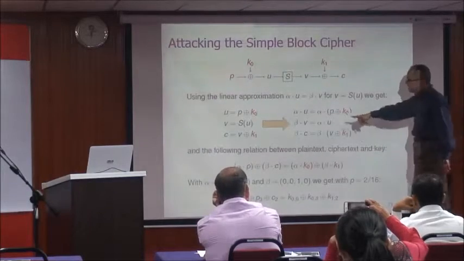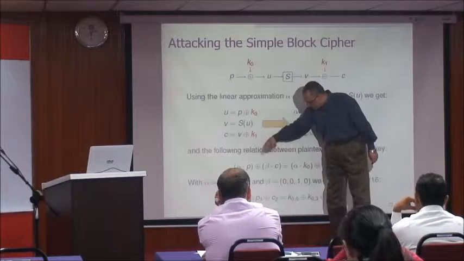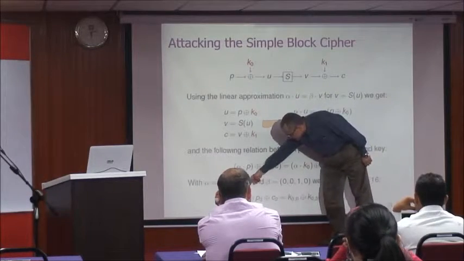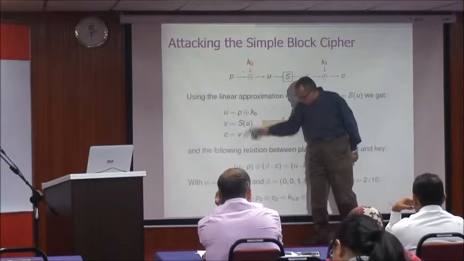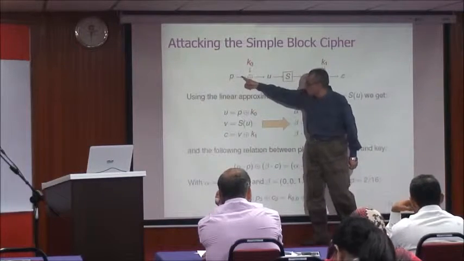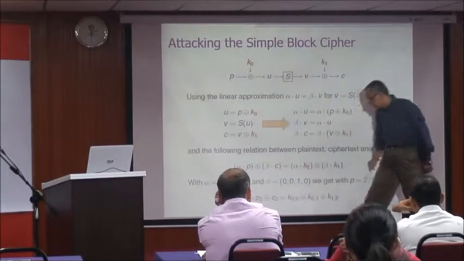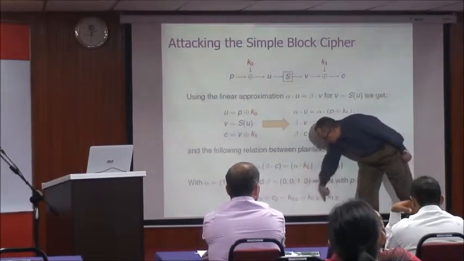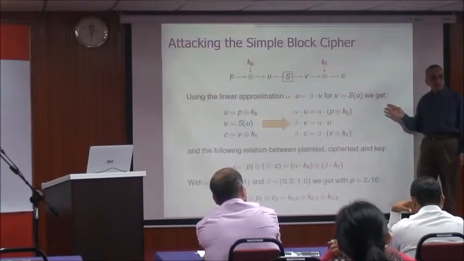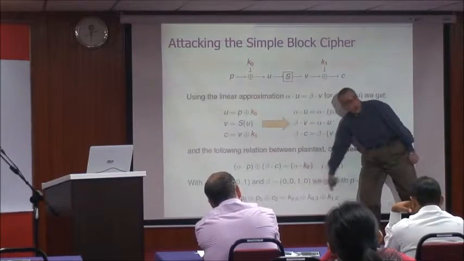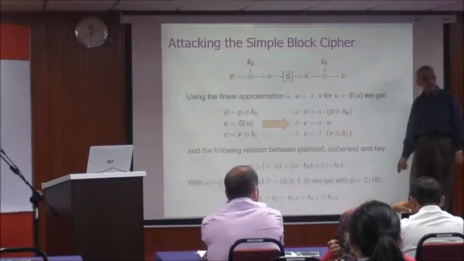If I expanded it, it would mean that the first bit in the plain text XORed with the third bit in the plain text XORed with the second bit of the ciphertext should equal these key bits, irrespective of the value of the key bits. So this parity relation should always hold, and it should always hold with the probability that I calculate.